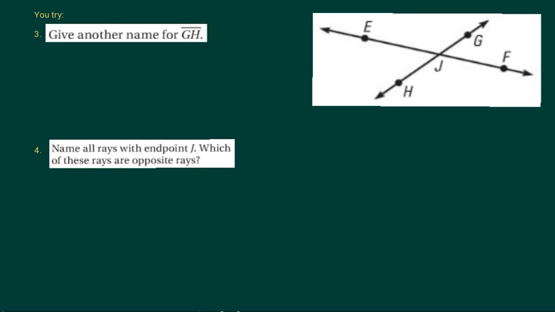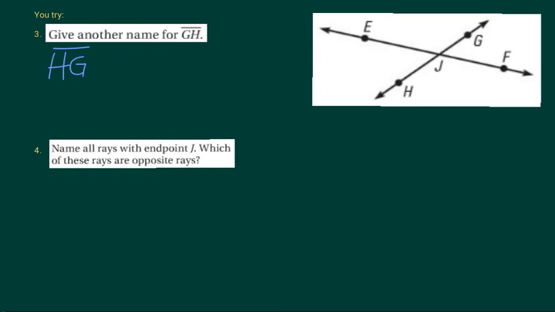All right, so now that you've worked out your problems, here's your 2 answers for both of these questions. Your answer for the first one is HG, so all we can do is just flip those 2 letters around. There's no other name for that line off to the side, so that's your only answer. Your answers for number 4 are as follows.